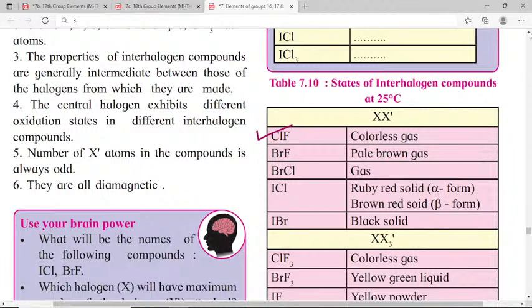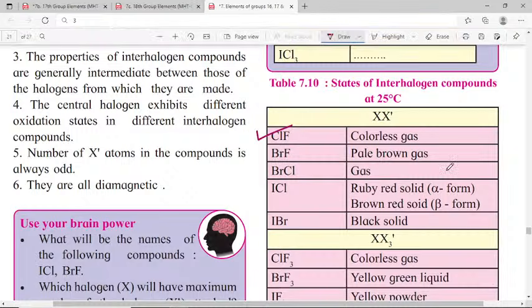BrF is a pale brown gas. So please mark this table as important. So many questions were asked from this table in 2025. So many questions asked on color. If you know the color, then and only then you are able to write it.